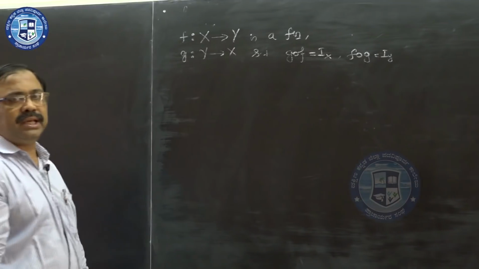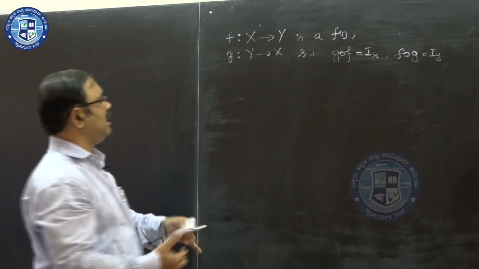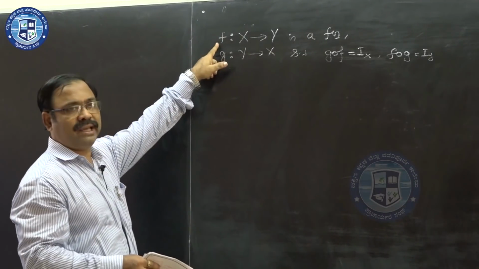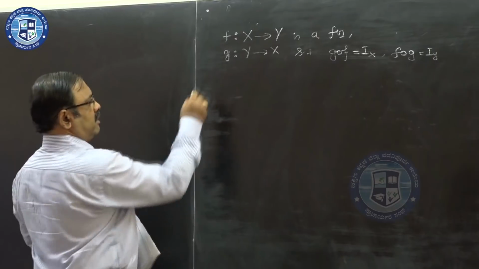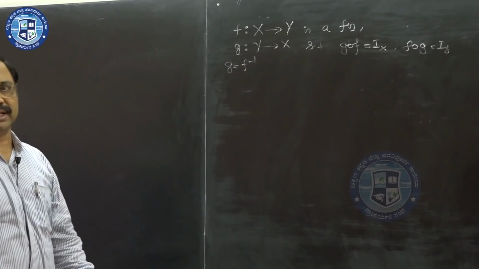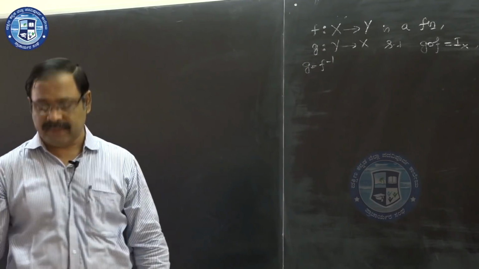Then f is said to be invertible and g is the inverse of f, and it is denoted as g equals f inverse.